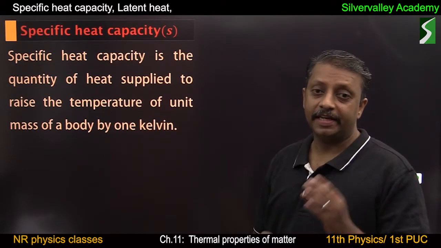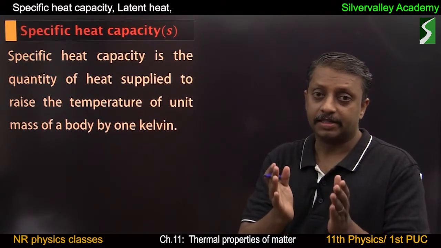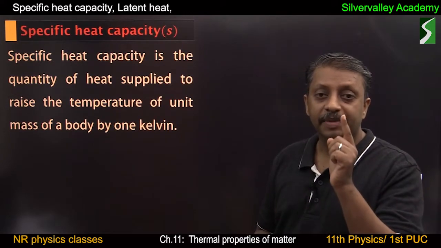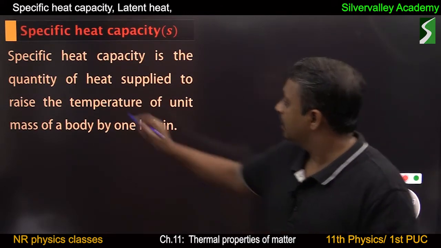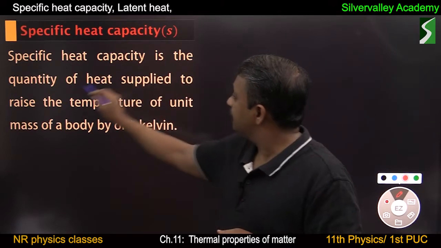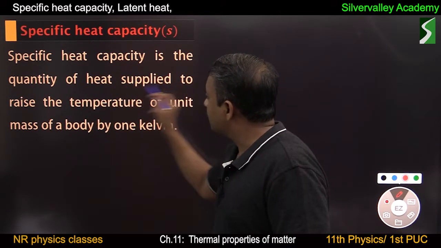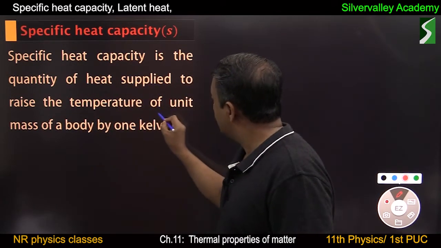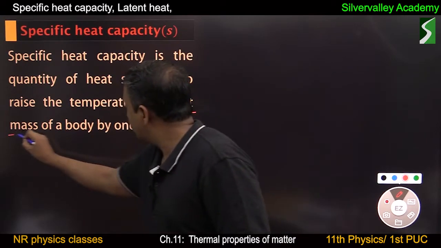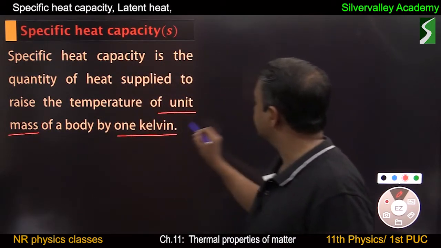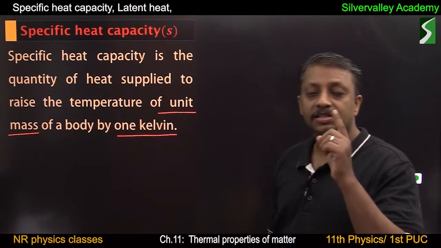Now, specific heat capacity. Specific, it is defined with respect to 1 kg. Specific heat capacity is the quantity of heat supplied to raise the temperature of unit mass of a body by 1 Kelvin. 1 kg mass by 1 Kelvin.